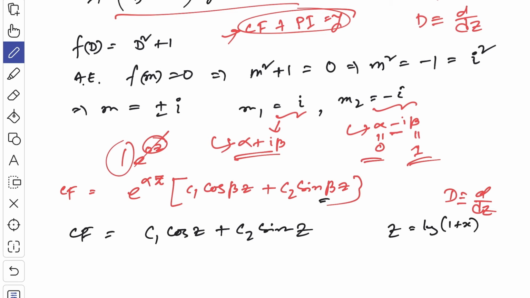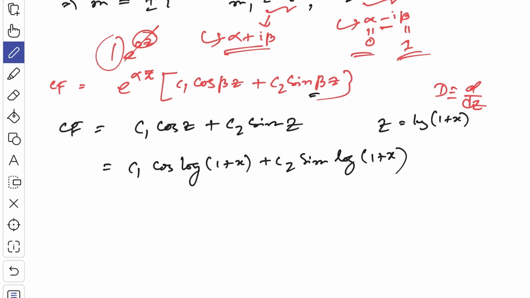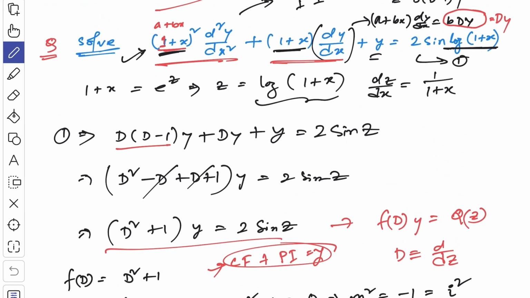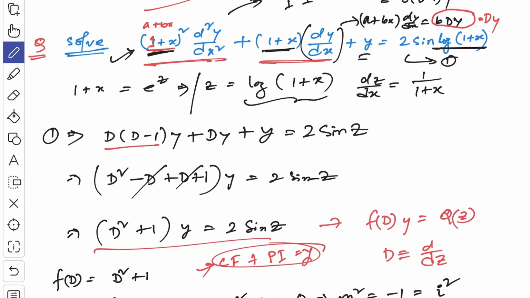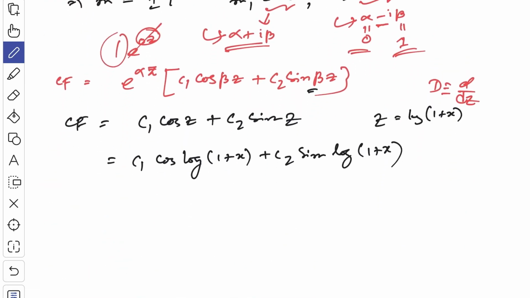So you can replace z by log of 1 plus x. That's why c1 cos log of 1 plus x plus c2 sin log of 1 plus x. Here it is written, you see, z is nothing but log of 1 plus x, right? So we have got CF.